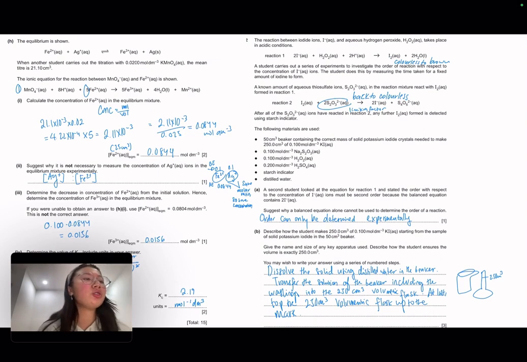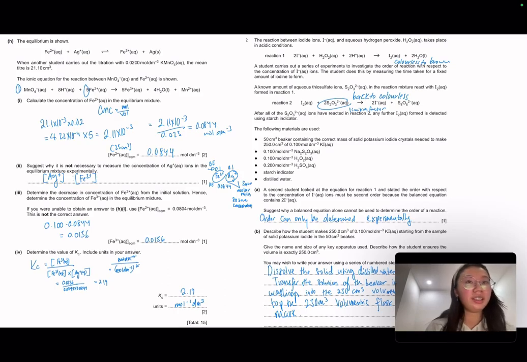So you want to include the washings, and you rinse it multiple times into the 250 cm³ volumetric flask. Now I have shown a diagram of what you expect a volumetric flask to look like. As you can see, there's a marking at the very top, so you have to ensure that you fill the volumetric flask up to the mark. So yeah, you can top it off using distilled water.